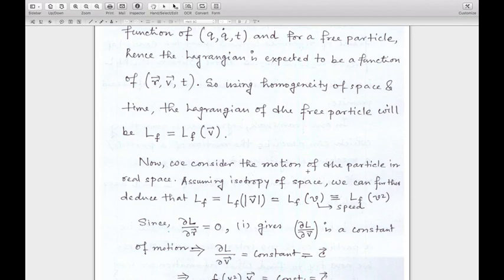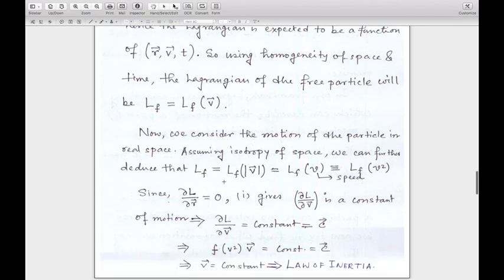Then we can simply say that the Lagrangian should ideally depend on the modulus of the velocity vector, of course, I mean measured from some origin. That's very important. Okay, and this we just in general write as v, small v. It is the speed, and once I can write this, we can say that this is also a function of v squared.